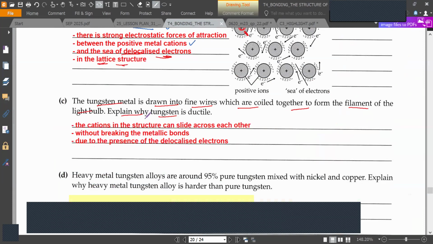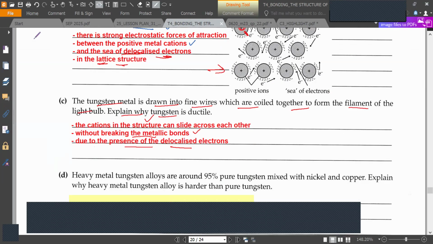The cations in the structure can slide across each other without breaking the metallic bonds due to the presence of the delocalized electrons. The electrons are always there to hold the ions together, so they can slide over each other without breaking.